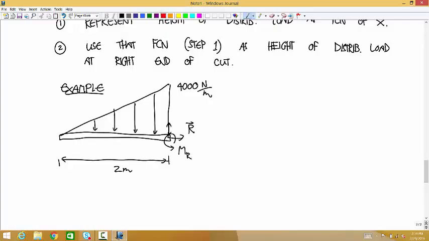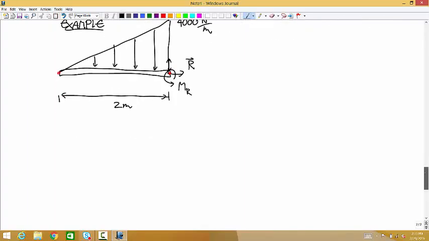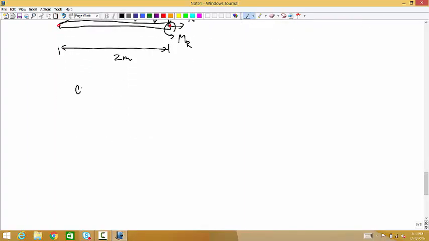Okay, so how many candidates are there for places where those subfunctions are going to change? Yeah, just the endpoints, because it's the same distributed load the whole way across. And so there's only going to be one cut because we have 2 of those points. 2 minus 1 is 1 cut.